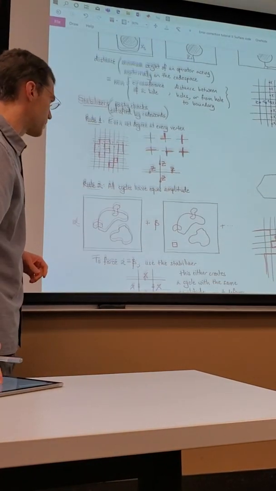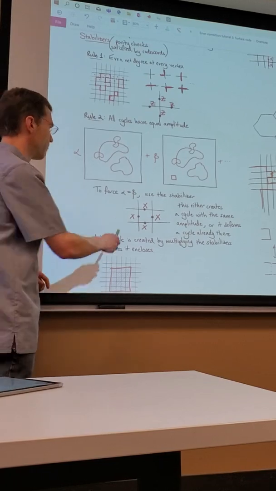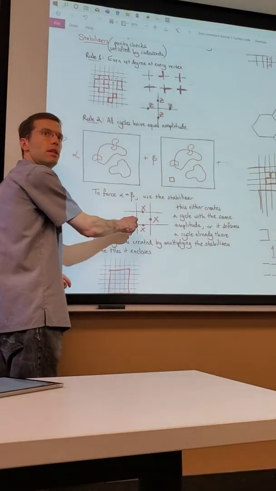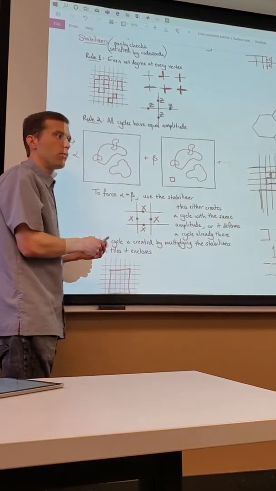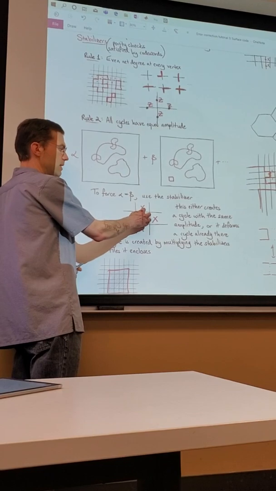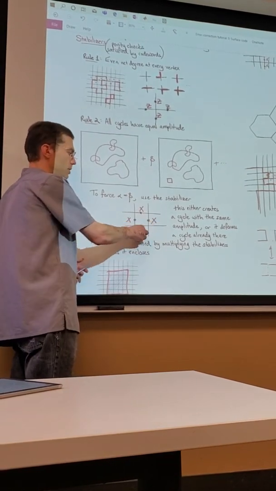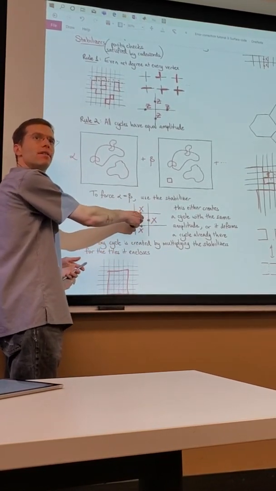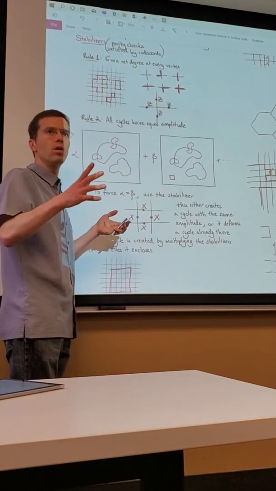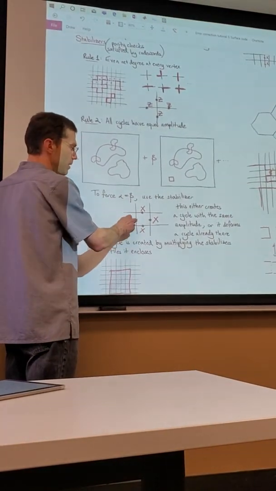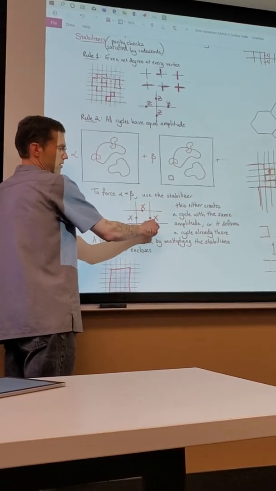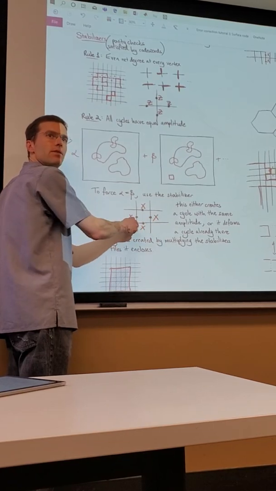The X stabilizers are going to be, for every square, a weight 4 X stabilizer that goes like this. What an X stabilizer like that means is that you're in uniform superposition between having the square empty and adding a loop of length 4. And that ensures that you have equal superposition over all loops. Because if you take this X stabilizer and multiply by the adjacent X stabilizer, that gives you a loop of weight 6.